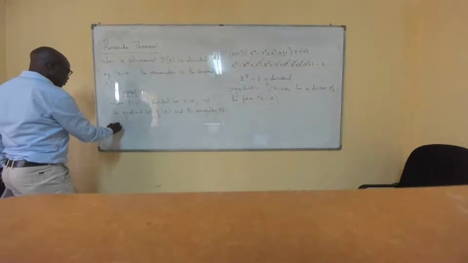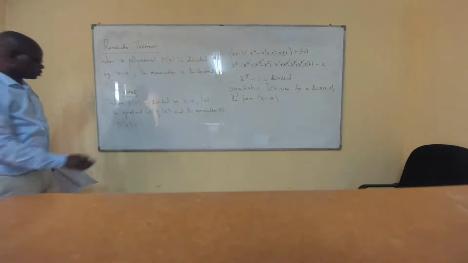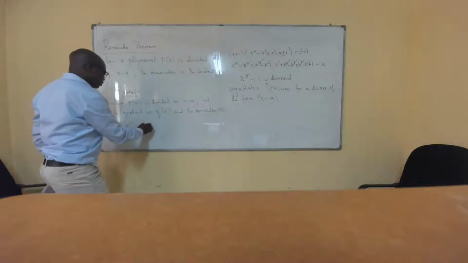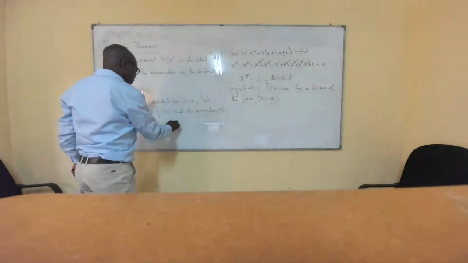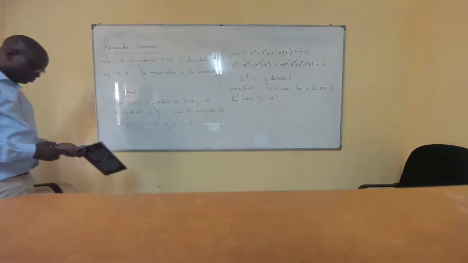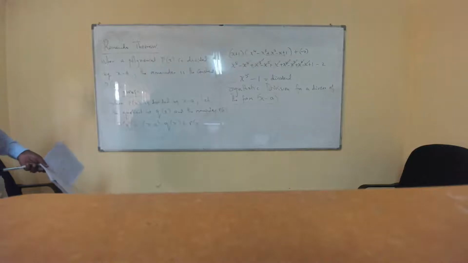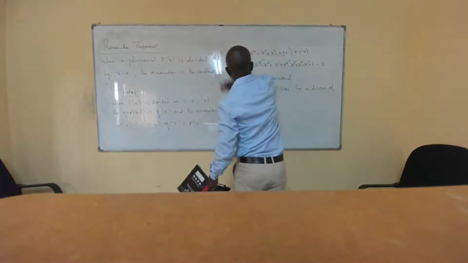Then we know they are related like this. P of x is going to be the divisor times the quotient, then plus the remainder R of x. This is what we know. So we want to find out what the R of x will be.